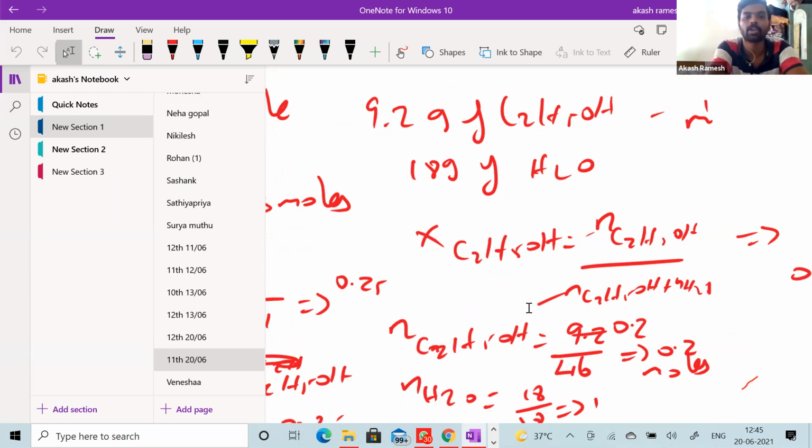It is the mass of the solute present in 10⁶ grams of the solution. Very similar to mass percentage. Instead of 100, I put 10⁶. Nothing else.